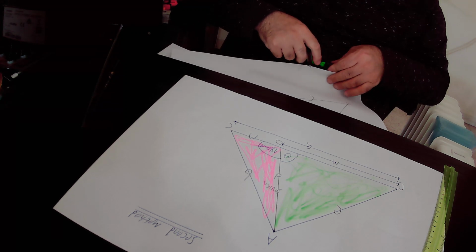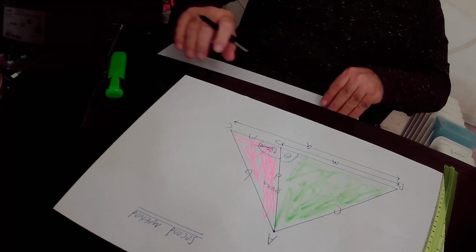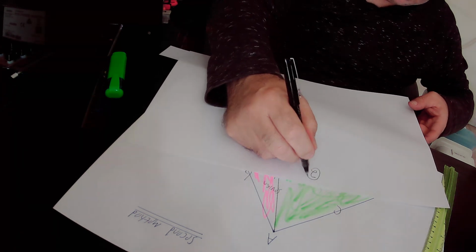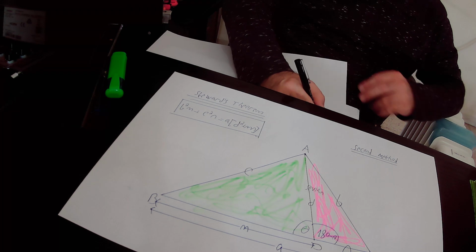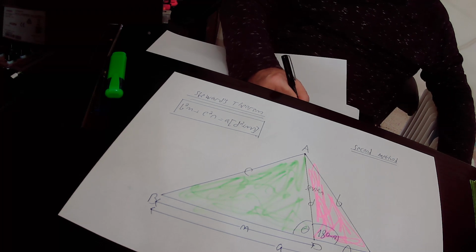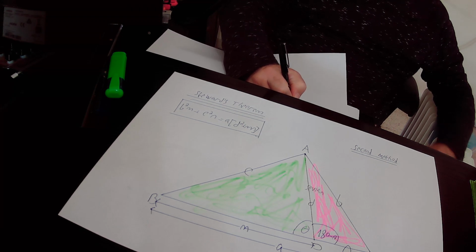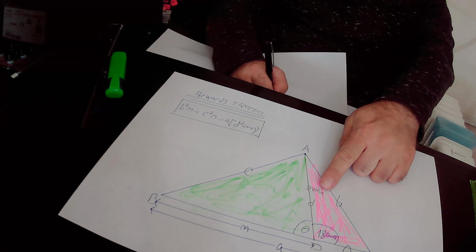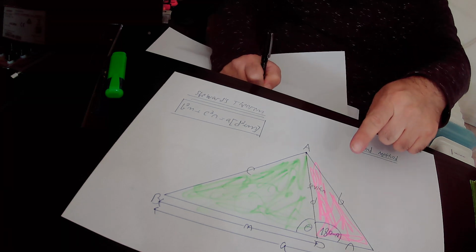According to the law of cosines in the green triangle, triangle ABD, we get that cosine theta equals d squared plus m squared minus c squared over 2 times dm.